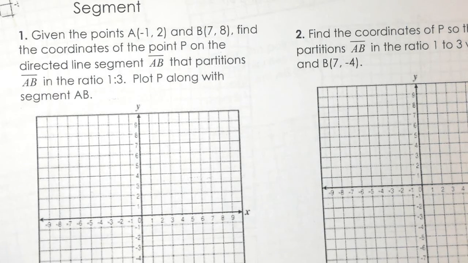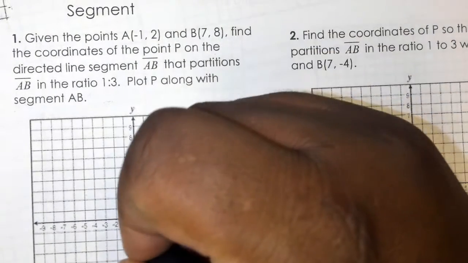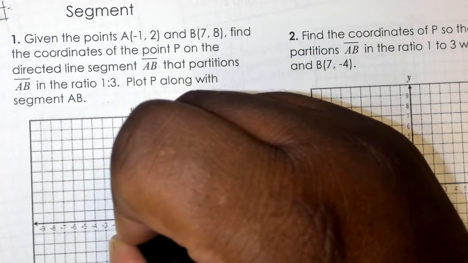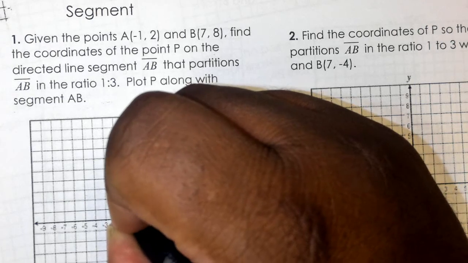Given the points A and B, find the coordinates of point P on the directed line segment AB that partitions AB in a ratio of 1 to 3. Plot P along with segment AB. A is at -1, 2.